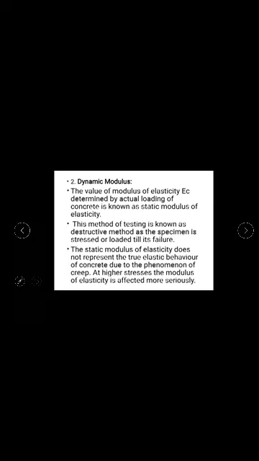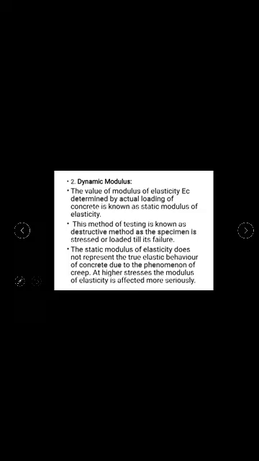In this case, no stress is applied on the specimen. The modulus of elasticity is determined by subjecting the specimen to longitudinal vibration at its natural frequency. That is why this is known as dynamic modulus. So in this method, either the resonant frequency through a specimen of concrete or the pulse velocity traveling through the concrete is measured.